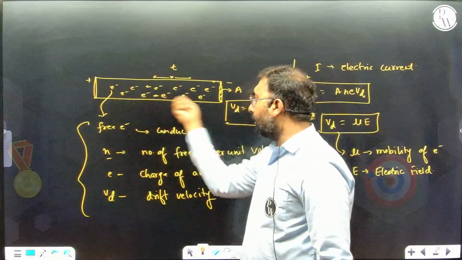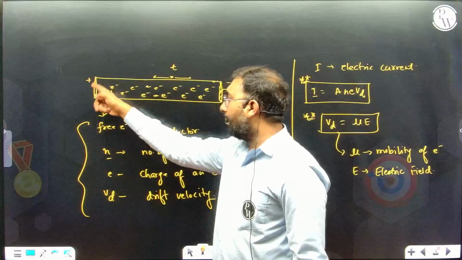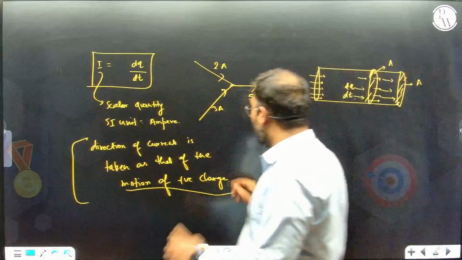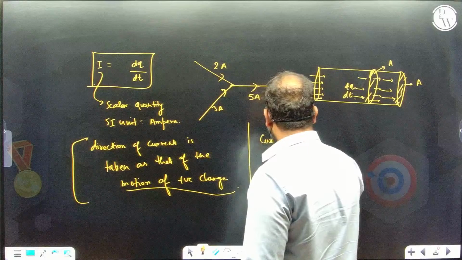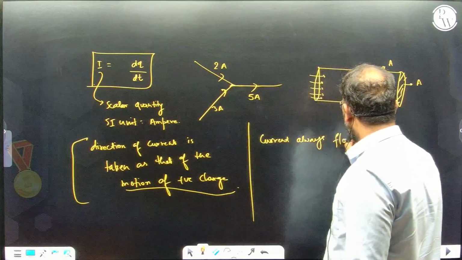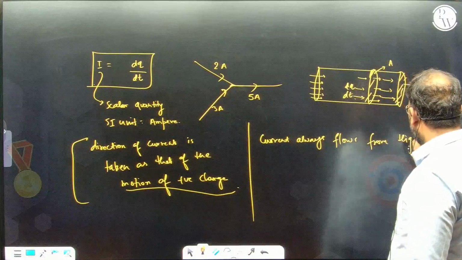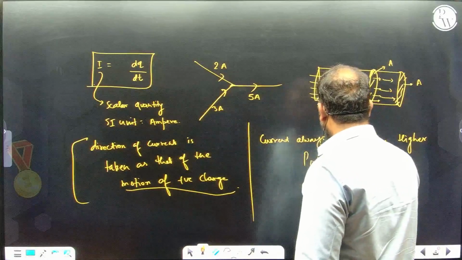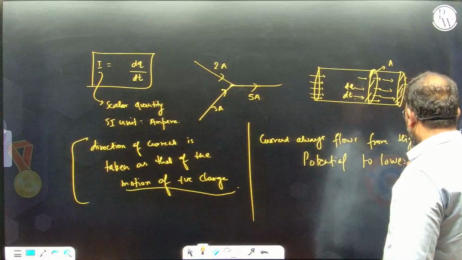And if this is the direction of motion of positive charge, you can see it is moving from higher potential to lower potential. So we have to remember one thing: current always flows from higher potential to lower potential.